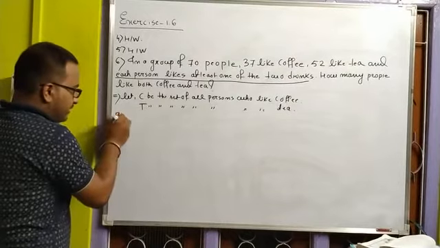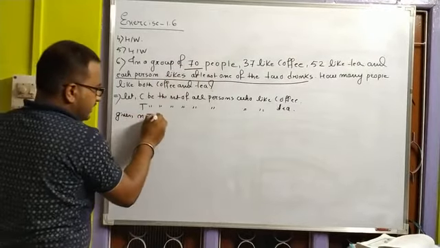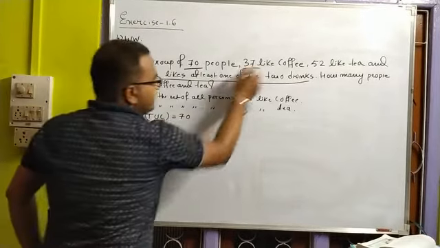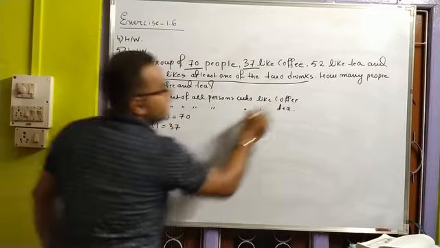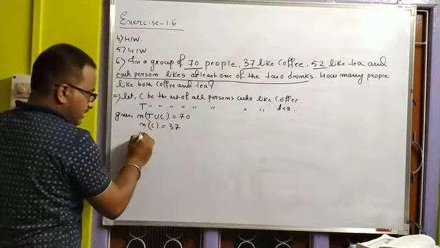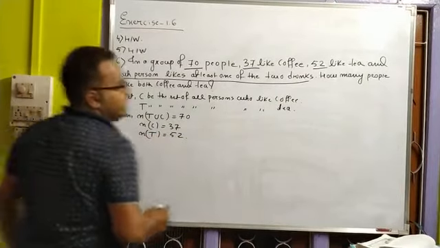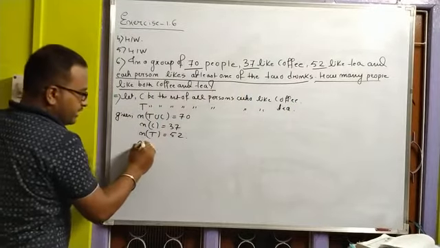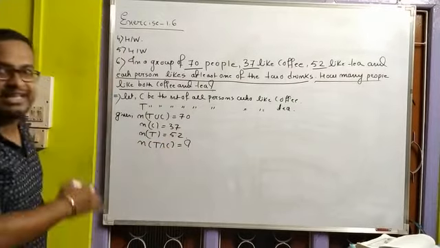Now what is given? The 70 is the union, so T union C is 70. The number of elements of C is 37, and the number of elements of the set T is 52, and you have to find how many persons like both tea and coffee. That means your job is to find the number of elements of the set T intersection C.